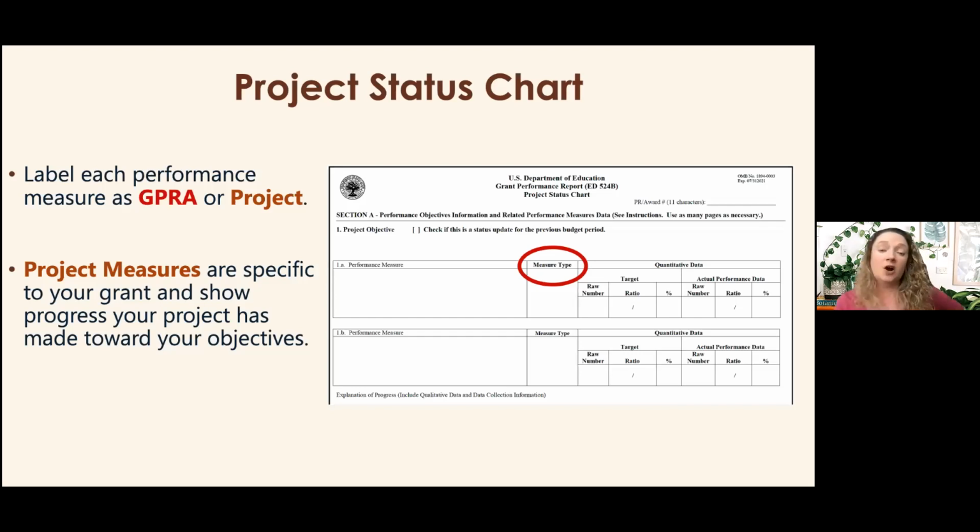And for those that have already had their first project planning coaching call, we've been working through getting those objectives ready for reporting. And for those who have it upcoming, we'll be doing that. But that's really the big difference. GEPRA are the same for everybody. Project are specific to what's going on in your individual program.